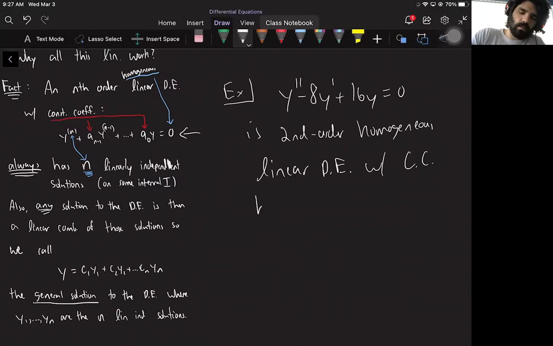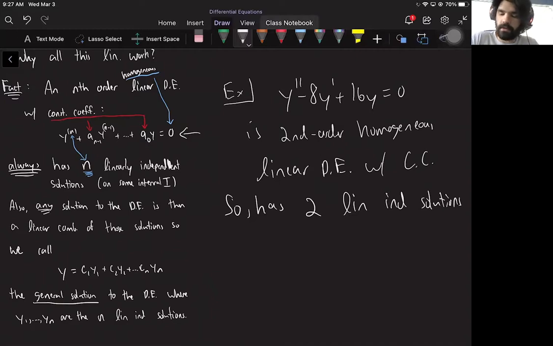So how many linearly independent solutions does it have? Well, it's second order, it's of the right type, so it has 2 linearly independent solutions. If we knew them, that'd be great because we could say a bunch of stuff.